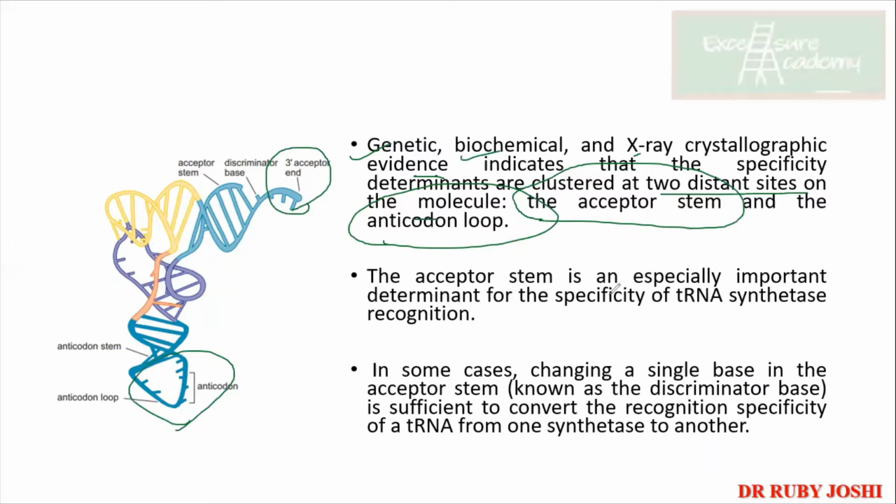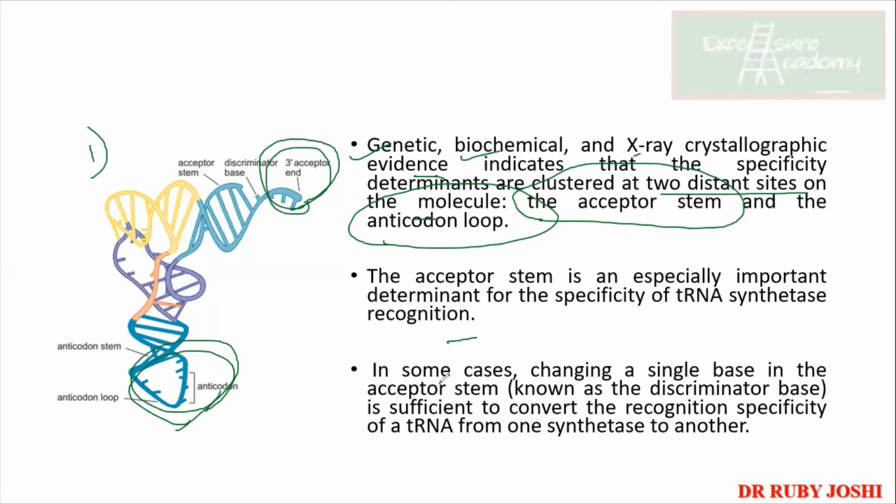The acceptor stem is an especially important determinant for the specificity of tRNA synthetase recognition. So this point is clear, right? Having the anticodon and the acceptor end are two important features by which tRNA synthetase is able to determine and choose the correct amino acid for that particular tRNA.